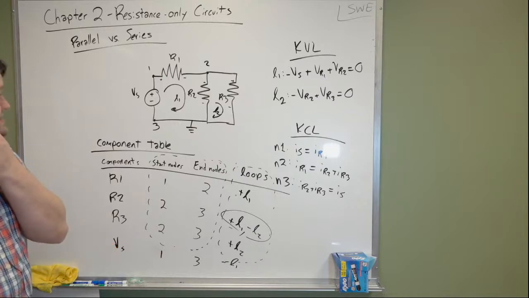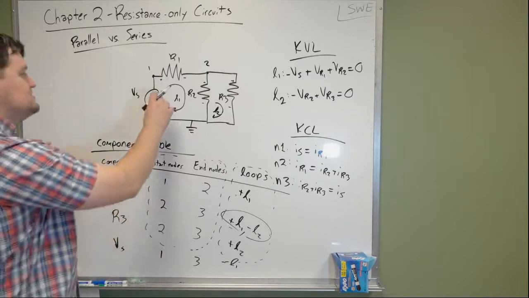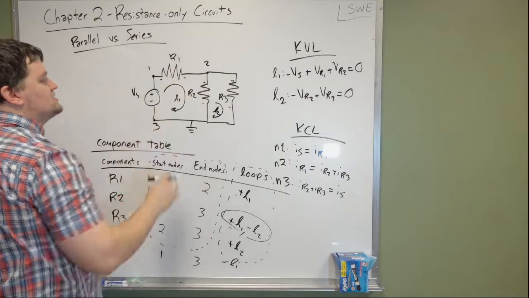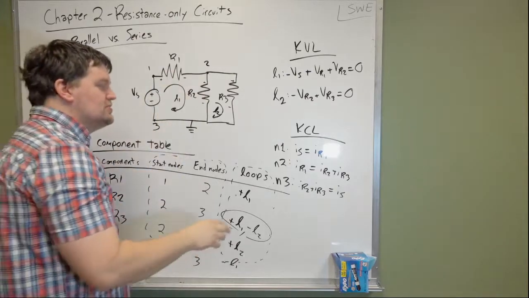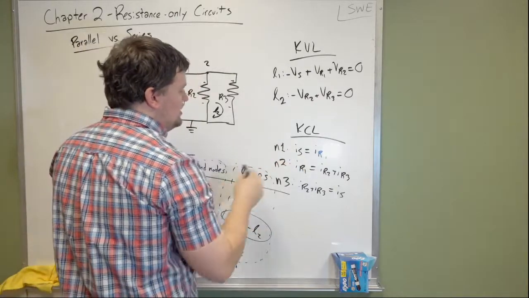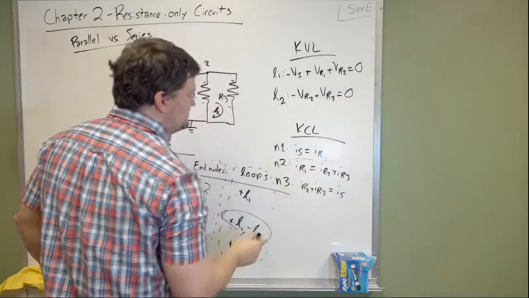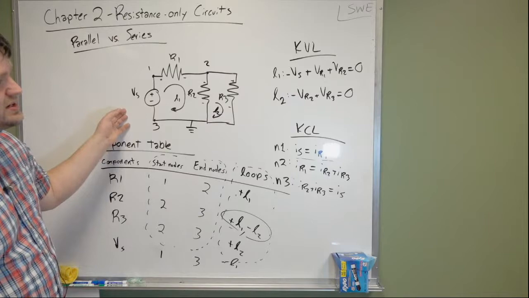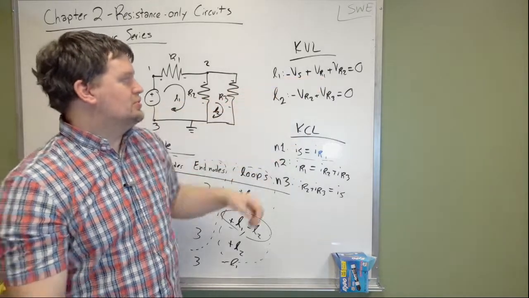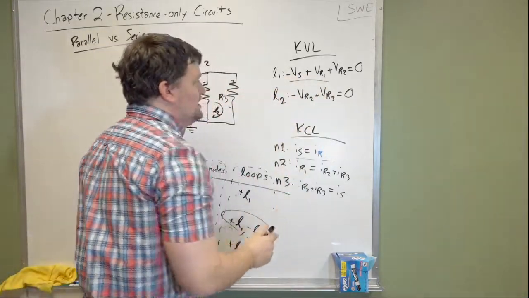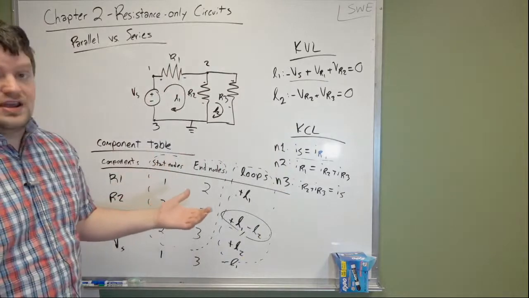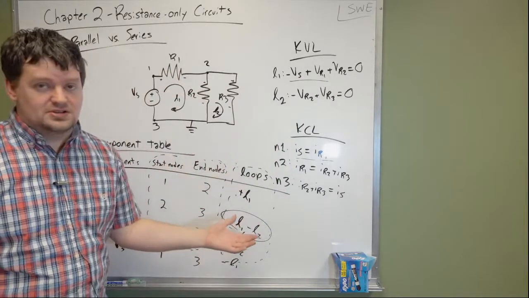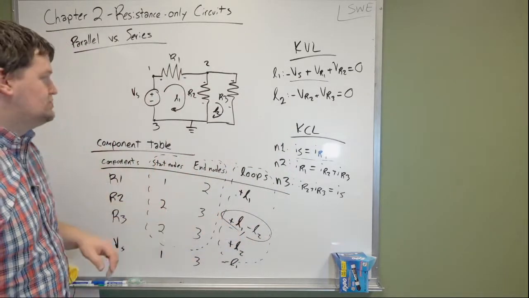Here in series, these two components right here are in series. Because they're in series, you end up with this relationship right here, where one is equal to another. You'll also see that because they are in series, they both show up in the loop equations together. If we don't have one, we don't have the other. They have to be in a loop together.